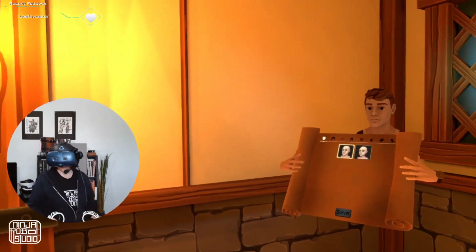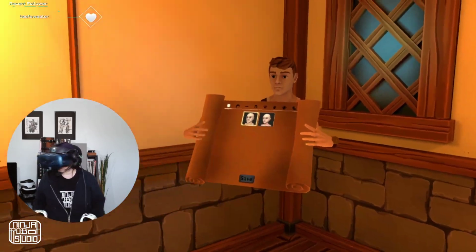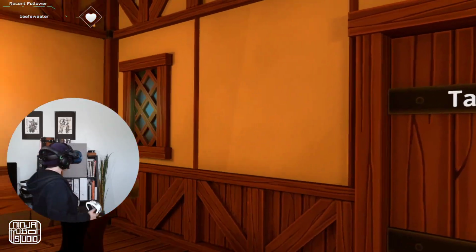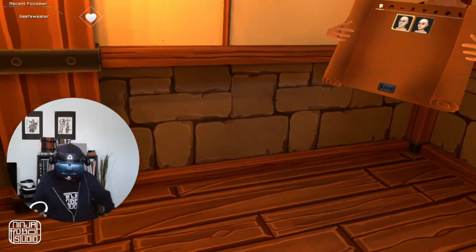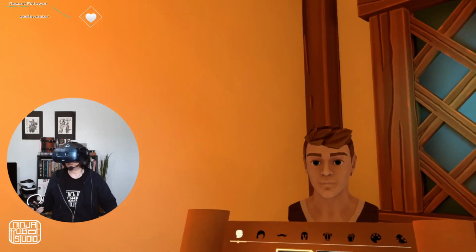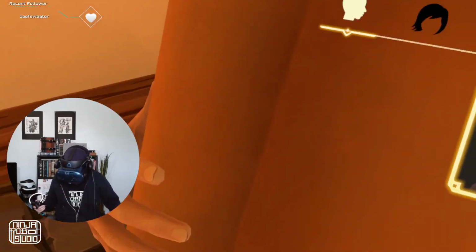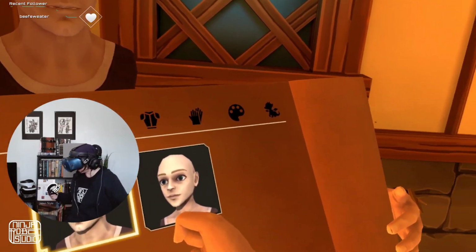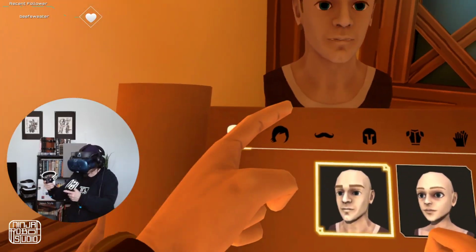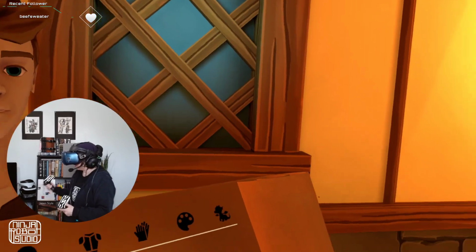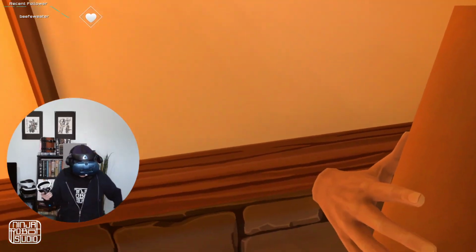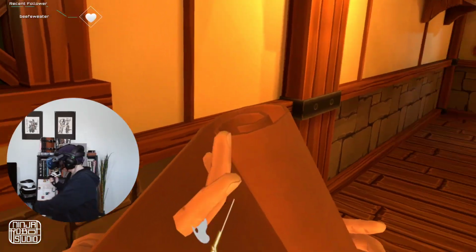And so I can now see, because there's not a thing blocking my view. So here is this, I'm guessing this is the avatar customization thing, and I just lost my tracking on my right hand. Ugh. Here.